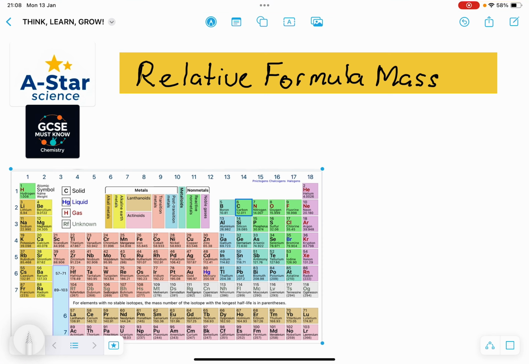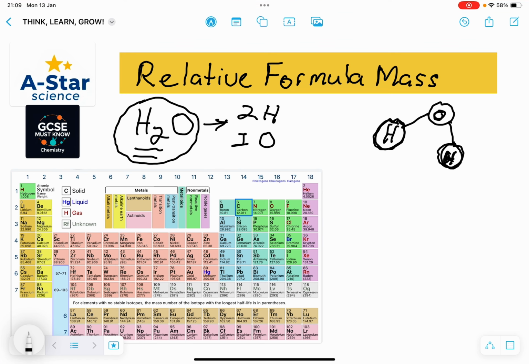Now, each one of these circles represents an atom. So this is an atom of hydrogen, this is another atom of hydrogen, and this is an atom of oxygen. And atoms, of course, are mass, they're matter, so they have a weight. So we could look at the periodic table, and that will give us the relative atomic mass of each particular atom.